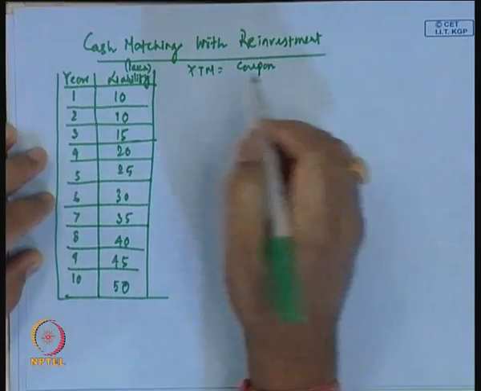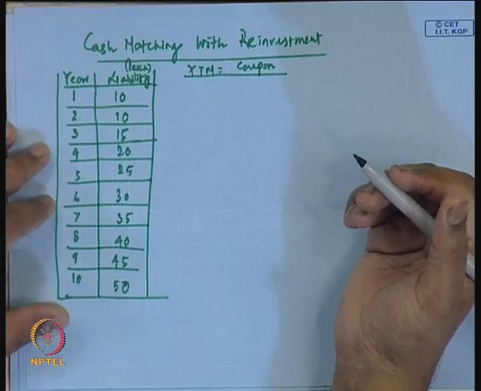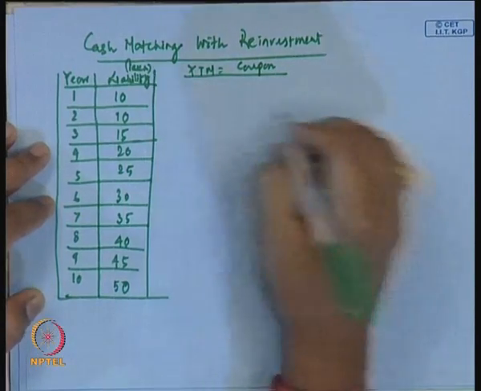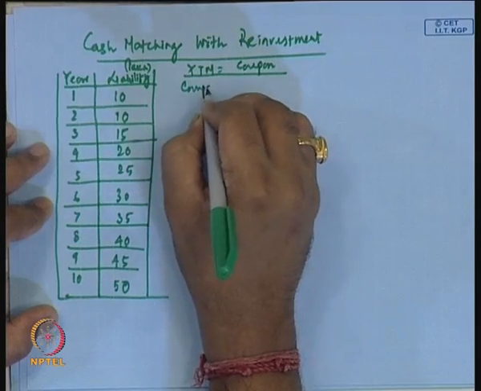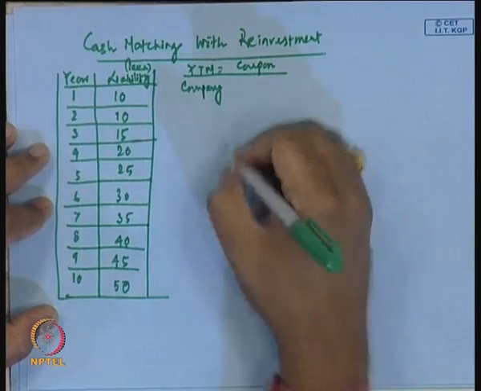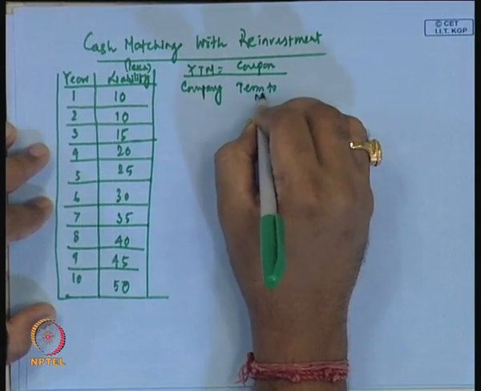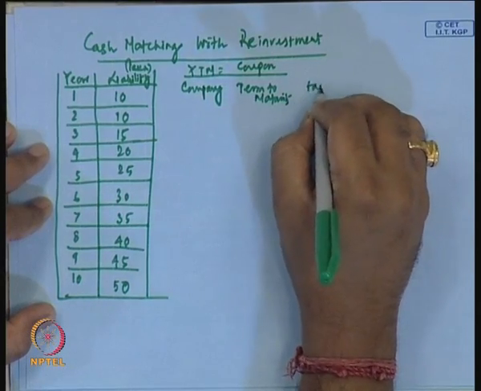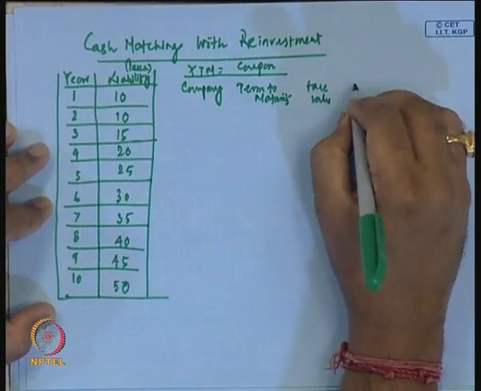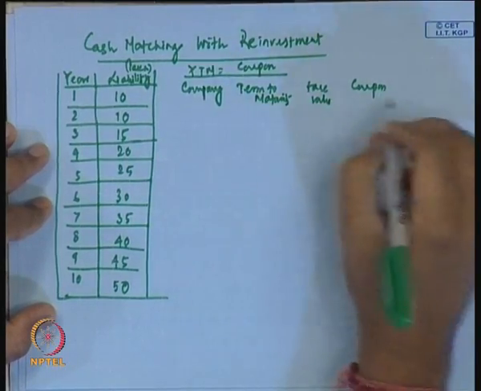We have certain bonds available to him. Let this be the company which issues the bond. The credit rating is the same for all the companies. This is the term to maturity, this is the face value, and this is the annual coupon rate.